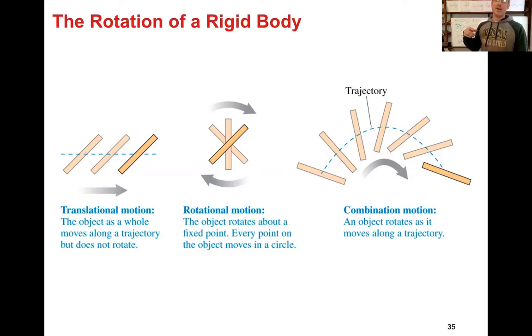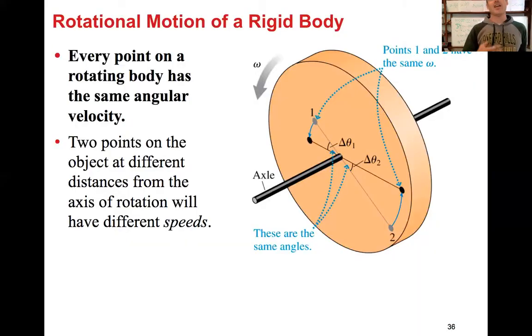It gets really complicated when it's doing both rotational and translational. That's basically trajectory, and that gets really complicated unless you know what center of mass is, which again, we'll be talking about next class.